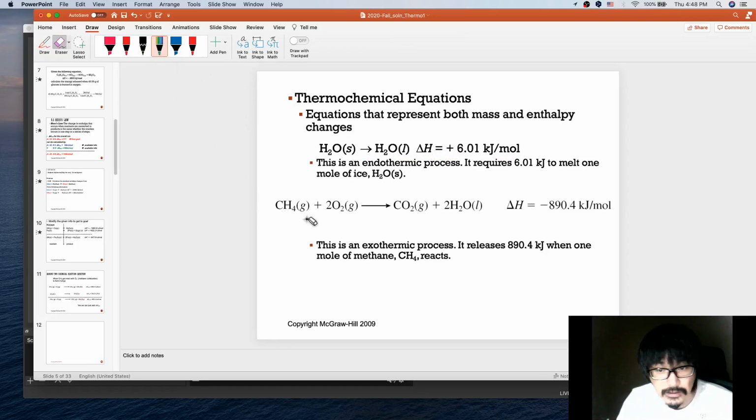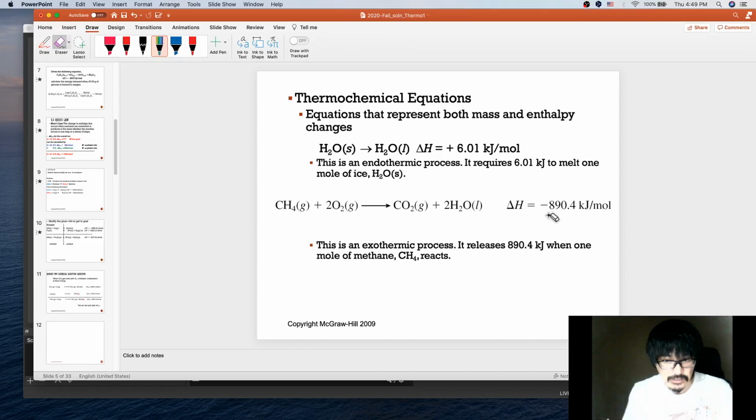Alright, then let's talk about this one right here. This one is a combustion, right? Combustion of methane gas with oxygen to produce carbon dioxide and liquid water. The delta H value here is negative.